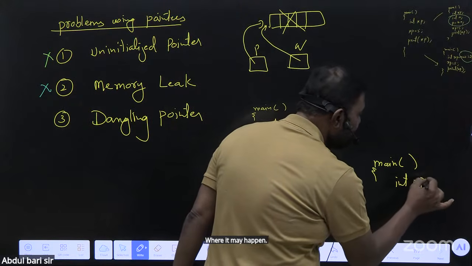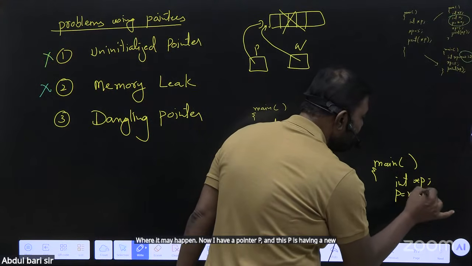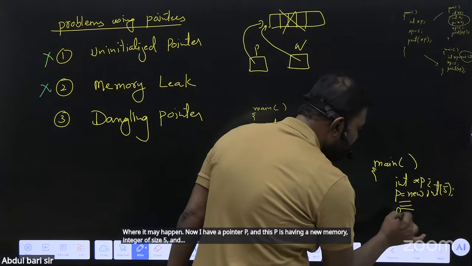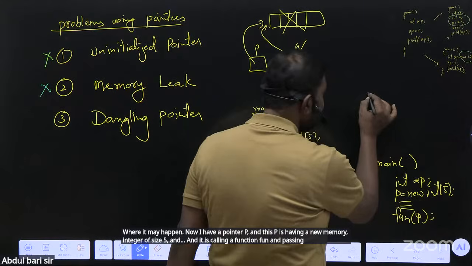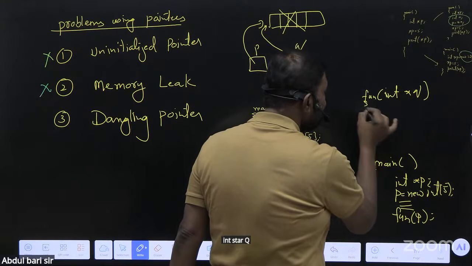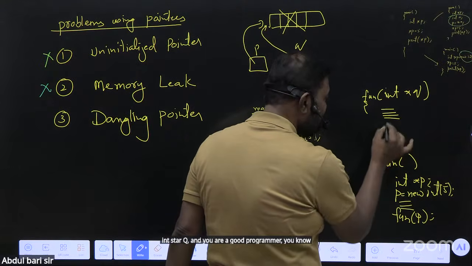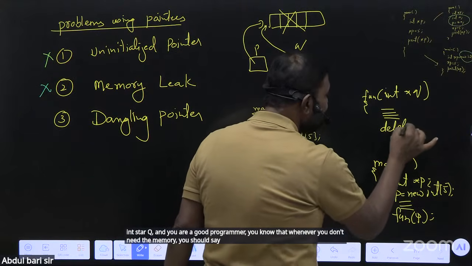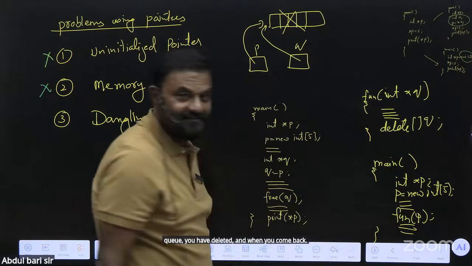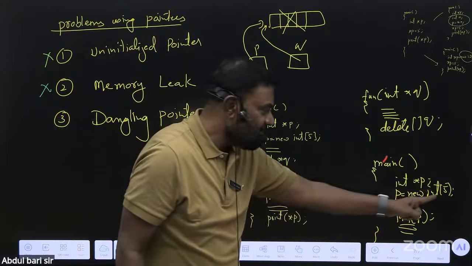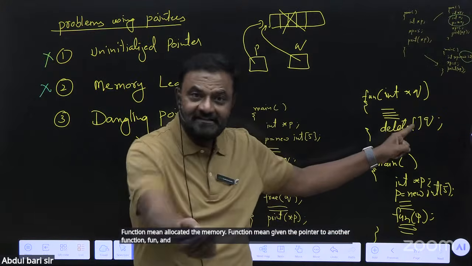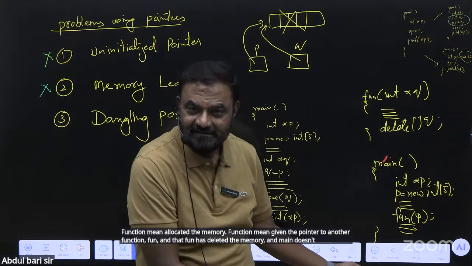I have a pointer P, and this P is having new memory, an integer of size 5, and it is calling a function fun and passing P, and this function fun is taking a pointer int star Q. And you are a good programmer, you know that whenever you don't need the memory, you should say delete Q. You have deleted, and when you come back, function main allocated the memory, gave the pointer to another function fun, and that fun has deleted the memory, and main doesn't know that.